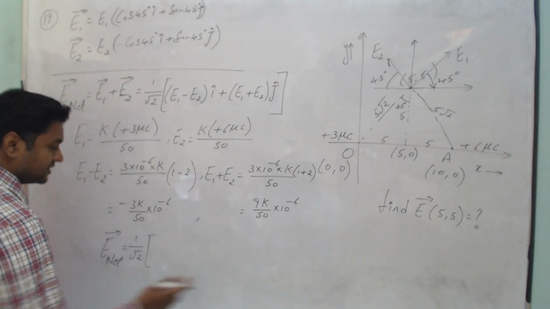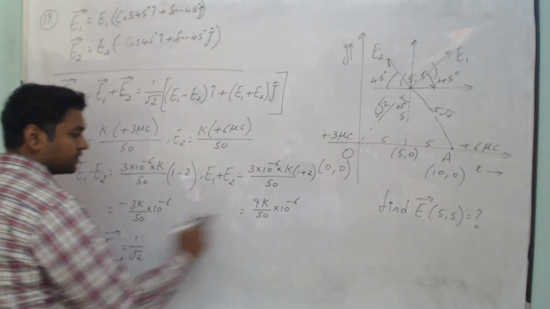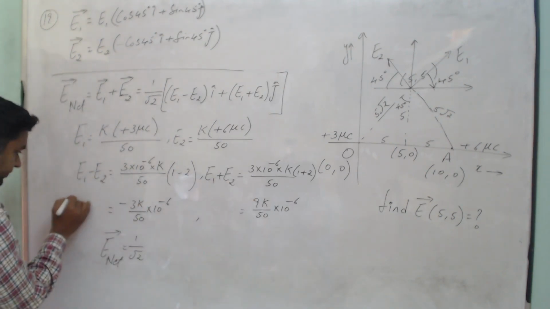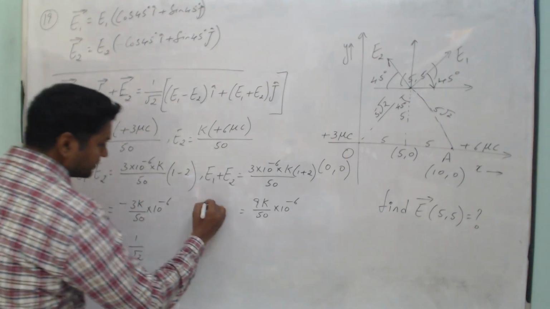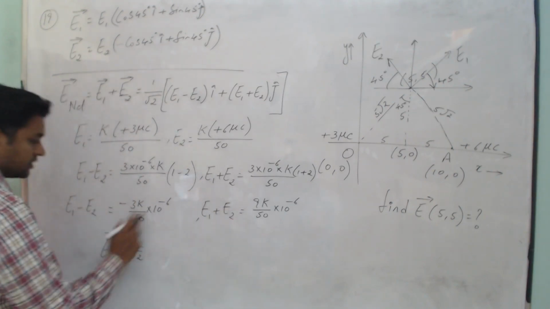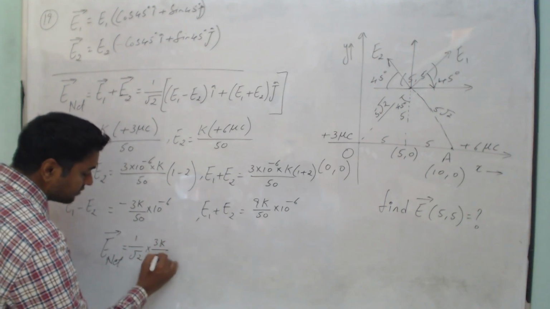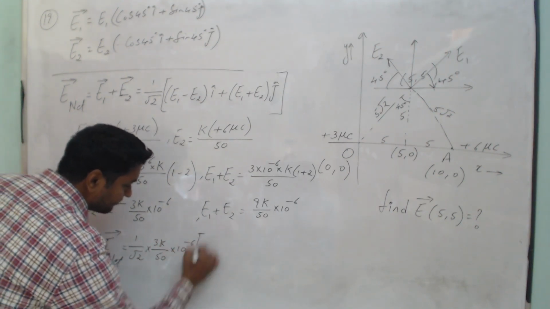Here again, I can take 3k by 50 into 10 power minus 6 common from both. I'll write this as E1 minus E2, and this as E1 plus E2. I have taken 3k by 50 into 10 to the power minus 6 common.